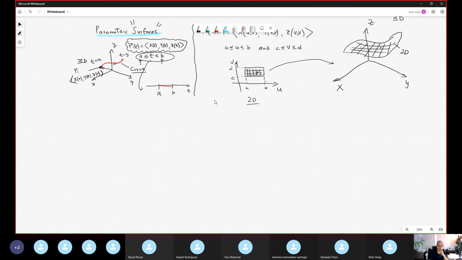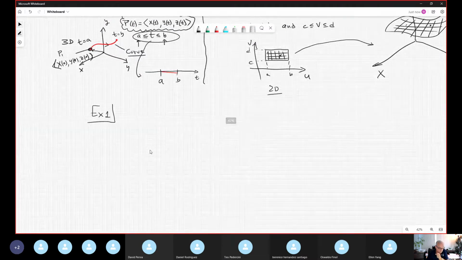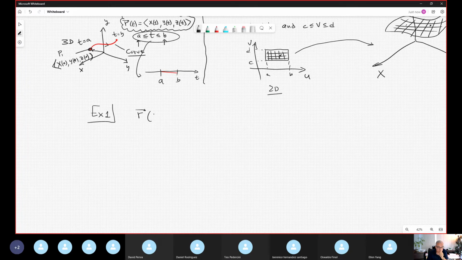Look. Suppose example 1. Suppose we are given this vector valued function in two dimensions: b cosine u, comma, b sine u, comma, b.